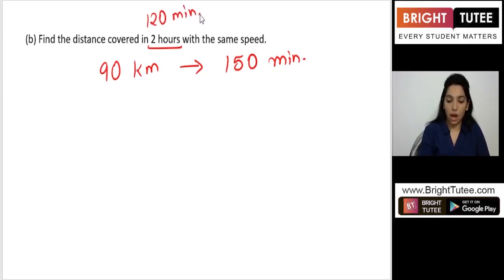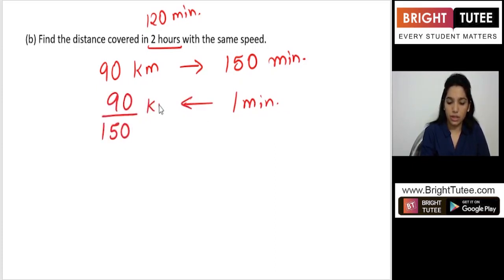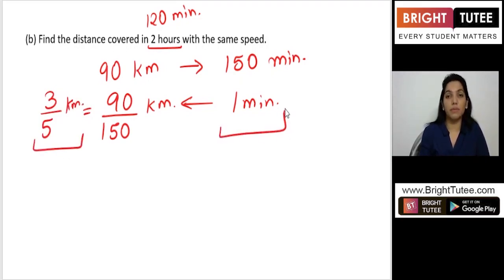How much distance will it cover in 1 minute? In 1 minute, it will be 90 over 150 kilometers. Let's convert this into the simplest form. It will be 3 over 5 kilometers. Now we know what distance is covered in 1 minute. Let us find for 120 minutes.